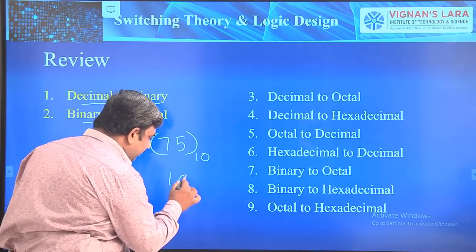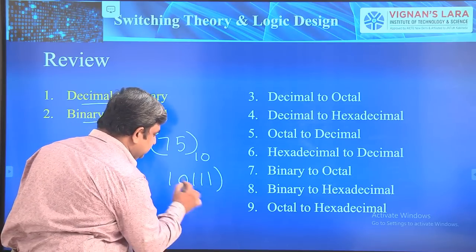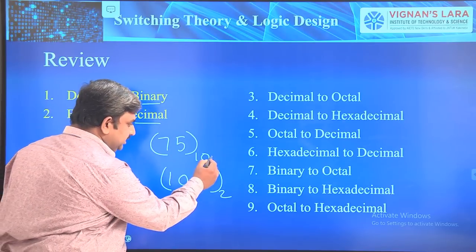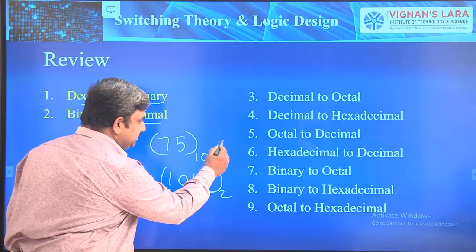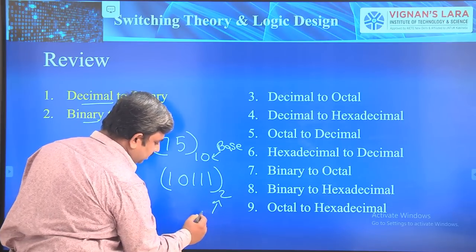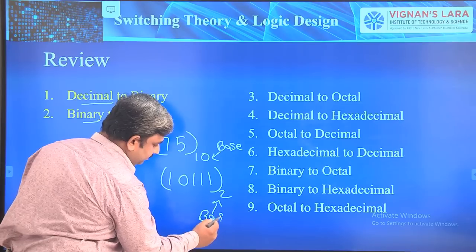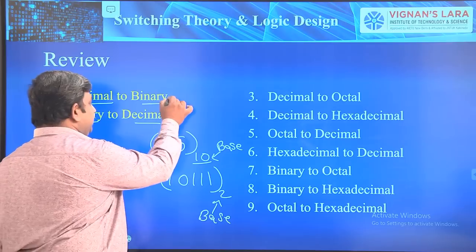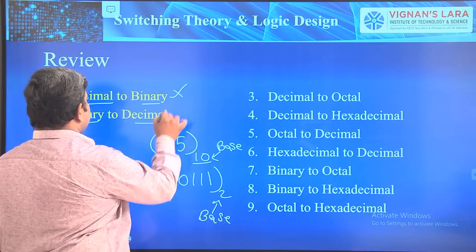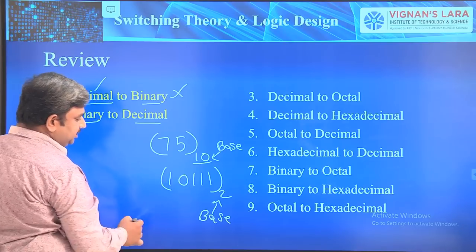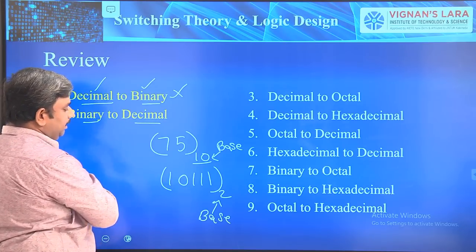And coming to the binary number representation, this is an example of binary number representation. So this is the base. Here this base 10 is representing the decimal number system, and this base is representing the binary number system.